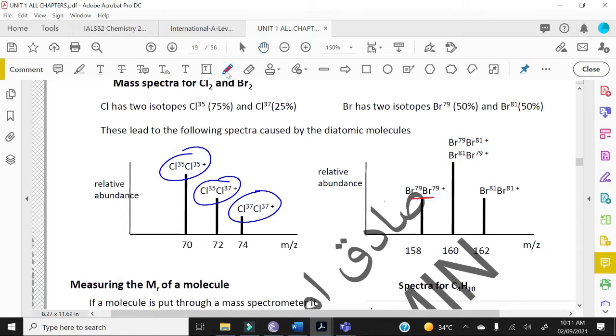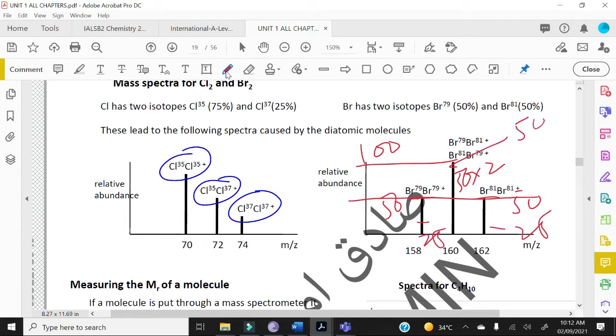If this is 50, then this one is double of 50. So what am I getting? I'm getting 100 for this and 50 for these two. If this one is 25 and this one is 25, then this one should be 50. This is how we are considering the height. Okay? Any question? Okay, sir.